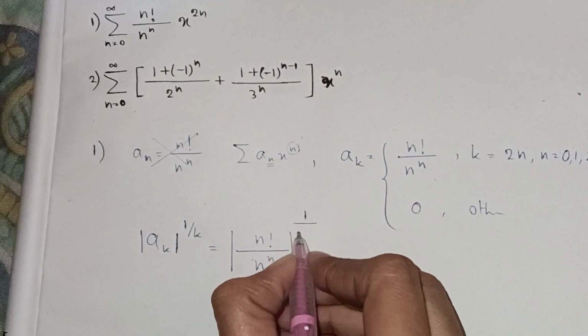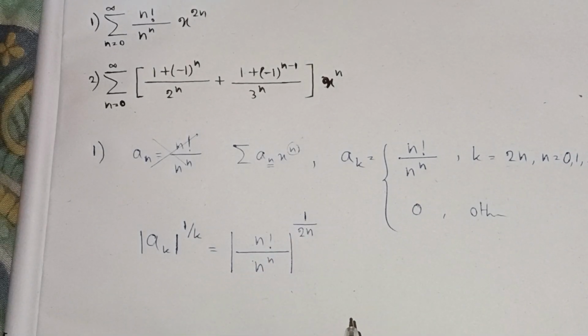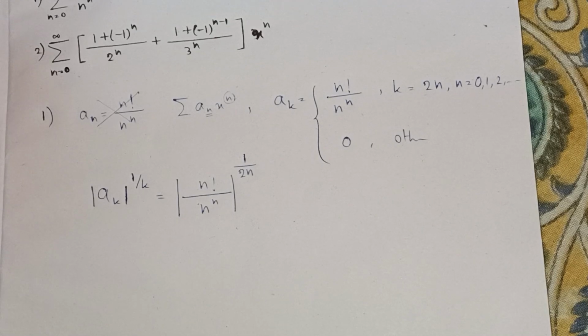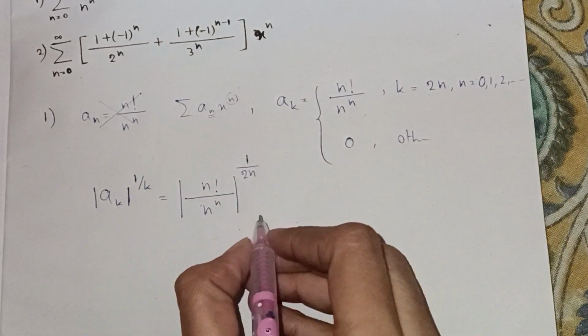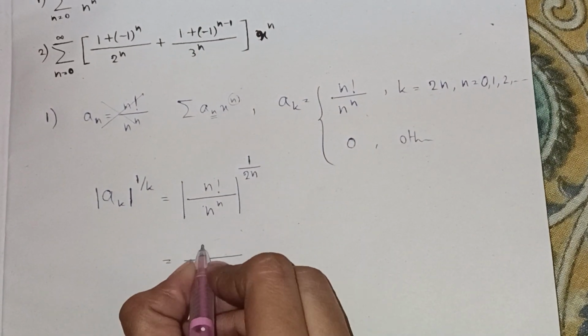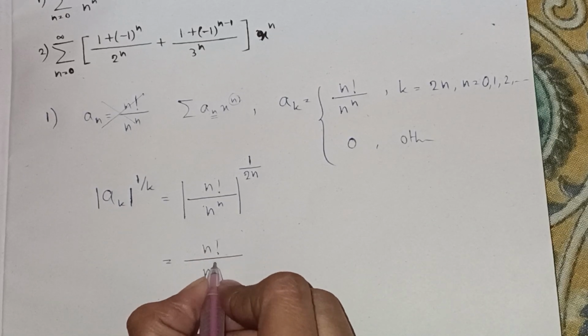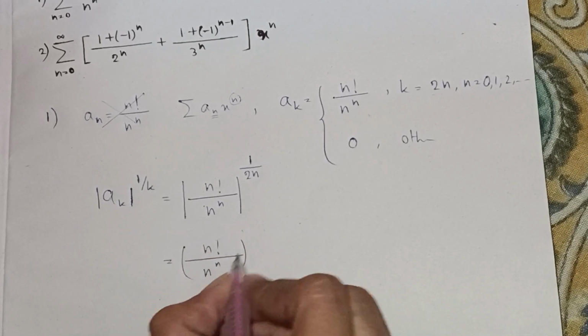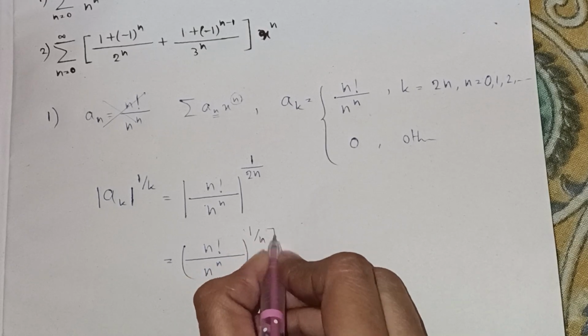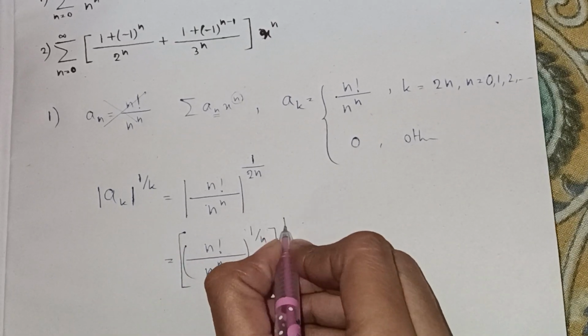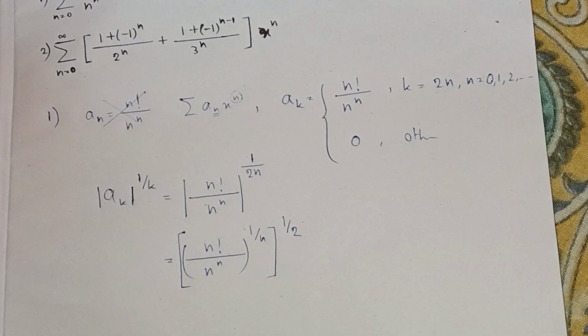So we will write k is equal to 2n right here. Now we will write this as (n factorial over n to the power n) whole to the power 1 over n, whole to the power 1 over 2.